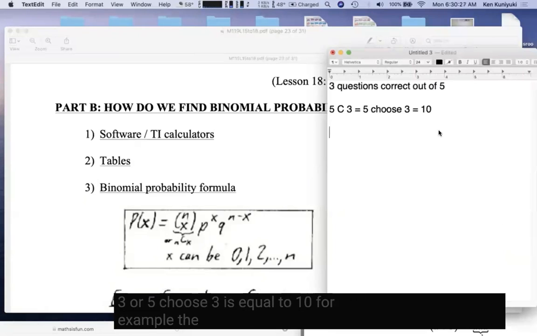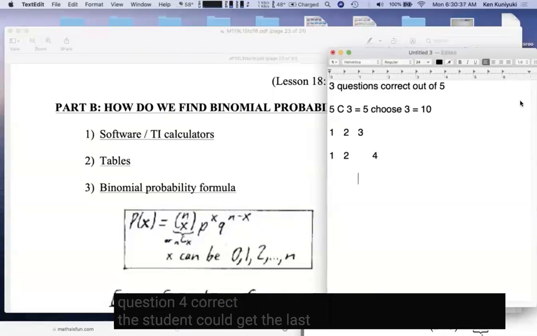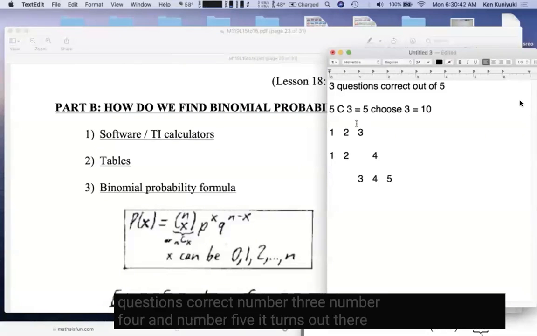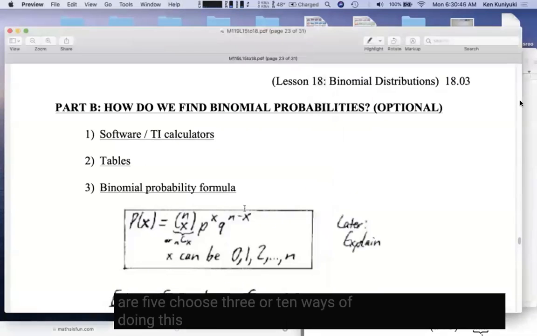For example, the student could get question 1 correct, question 2 correct, and question 3 correct. The student could get question 1 correct, question 2 correct, and question 4 correct. The student could get the last 3 questions correct, number 3, number 4, and number 5. It turns out there are 5 choose 3, or 10 ways of doing this.